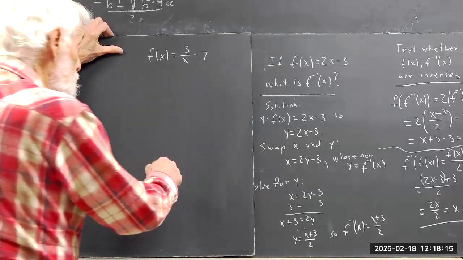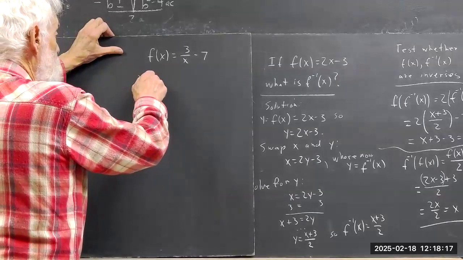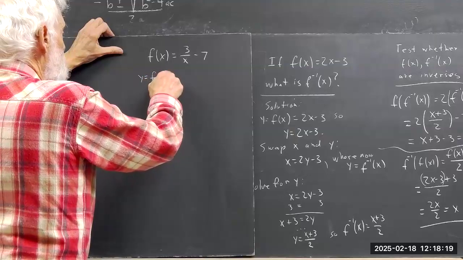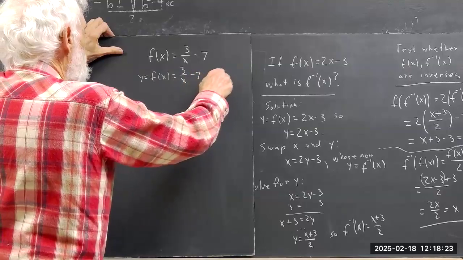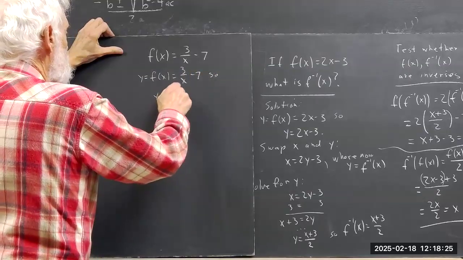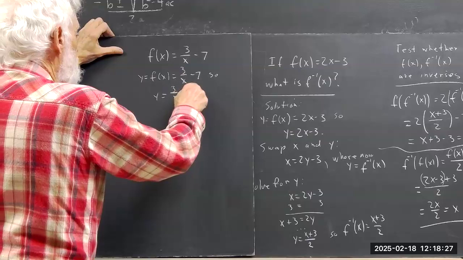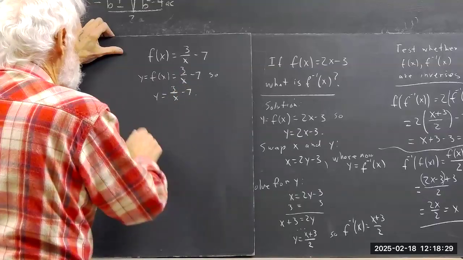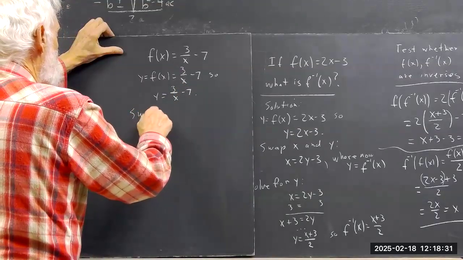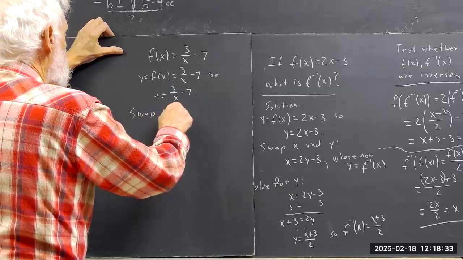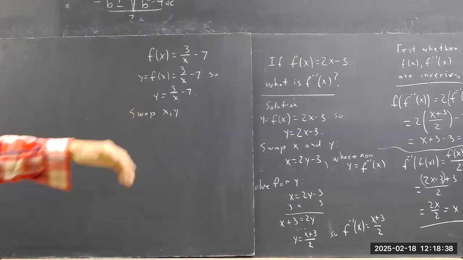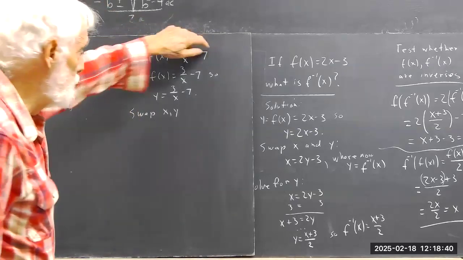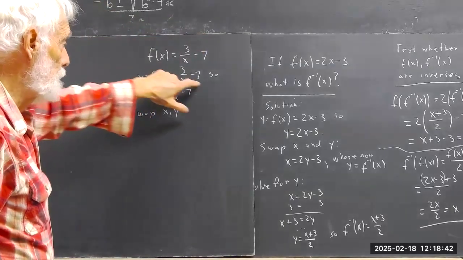So I'm going to write it out: y equals f of x equals 3 over x minus 7. So y equals 3 over x minus 7. We swap x and y. You remind yourself, first of all, that this means y equals f of x.